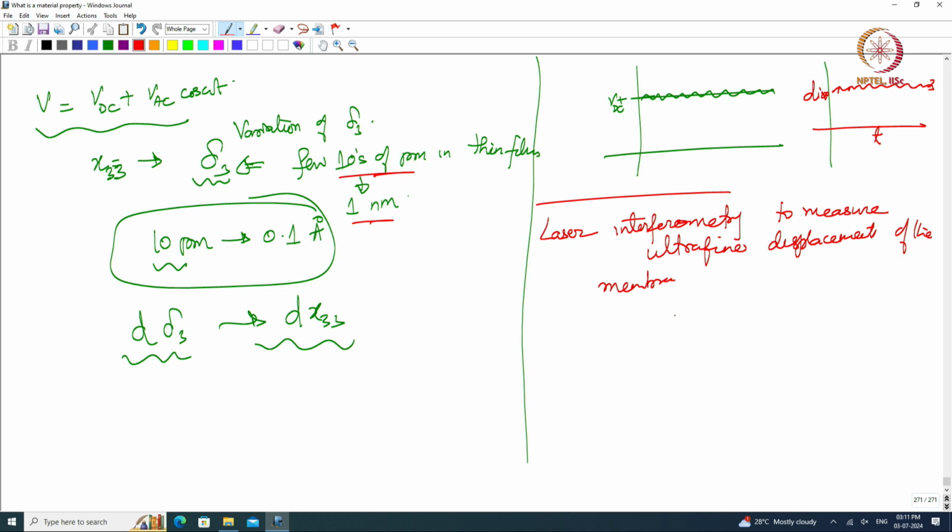So, you have essentially a laser source. This laser source will come here, and this is a partially reflecting mirror, which means part of the light goes this way and part of the light comes this way, or a beam splitter.